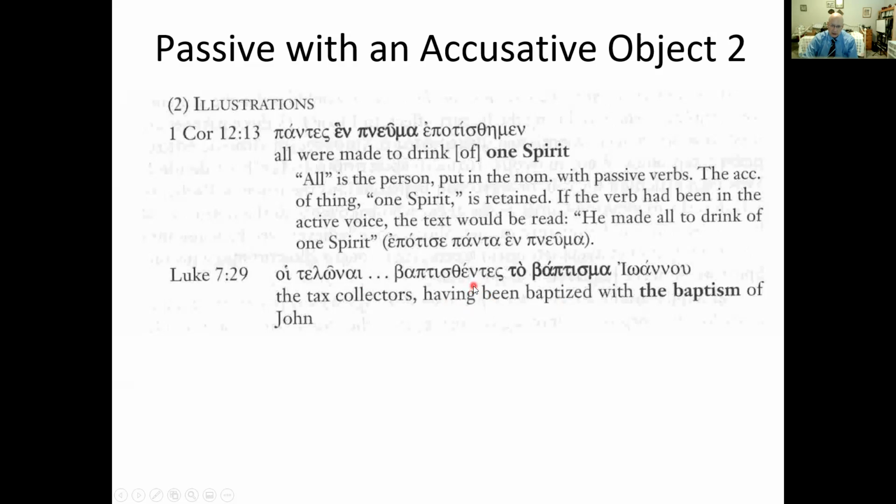We should use the aorist temporal adverbial participle: after they were baptized with the baptism of John.